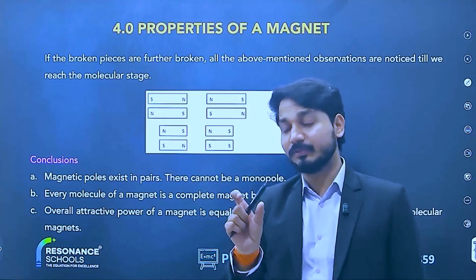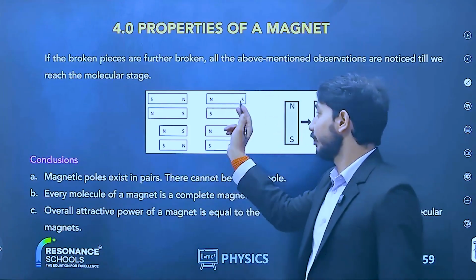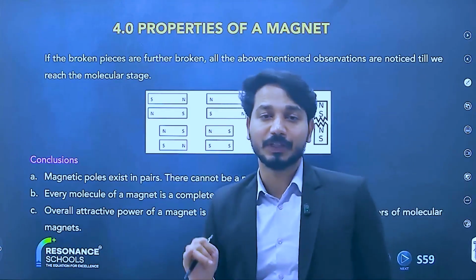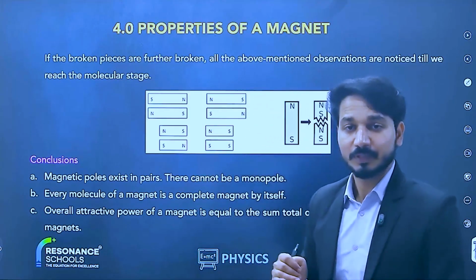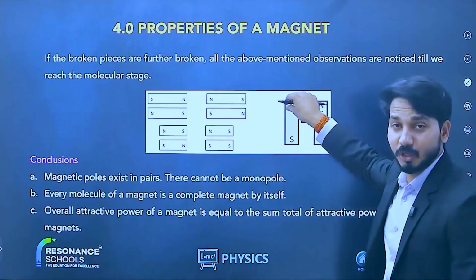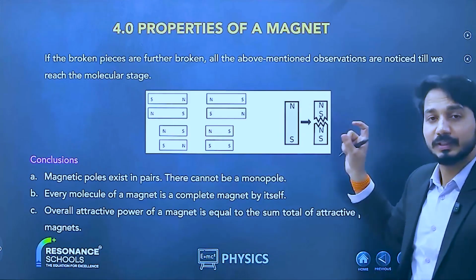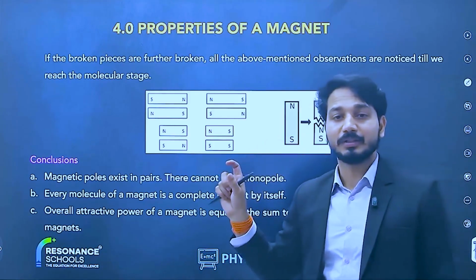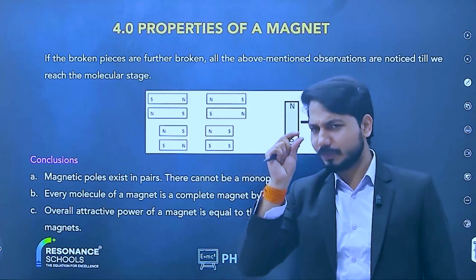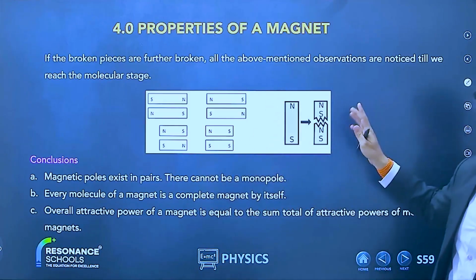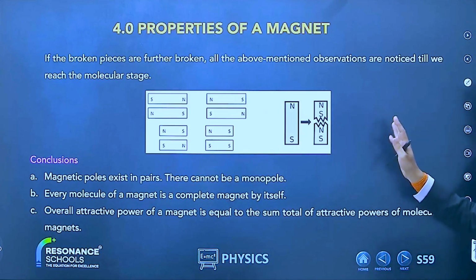There is no possibility that each side will have north and north or south and south. They will always exist in pairs. Even the smallest particle of this magnet will have north-south direction. Even if it is very tiny, it will be in a pair. Clear to everyone?